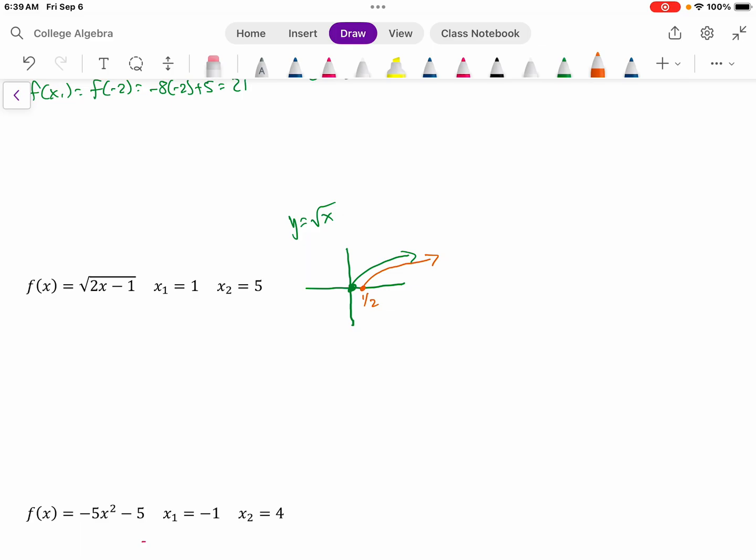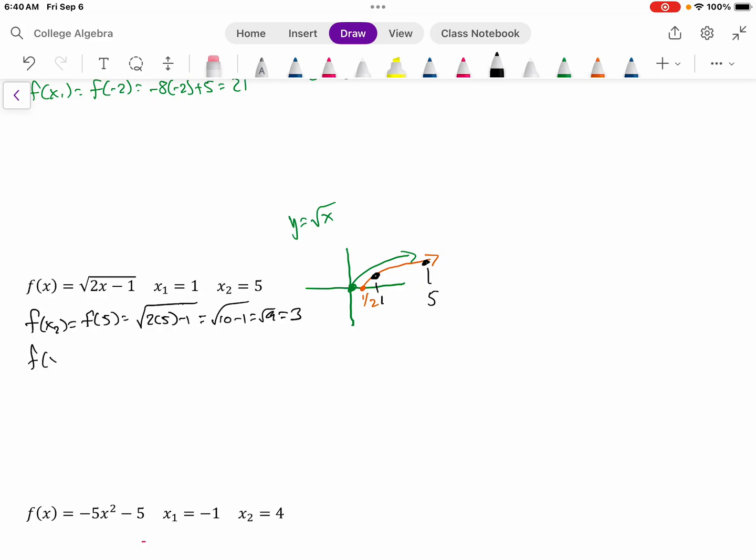We're trying to figure out, okay, what is the average rate of change between this point where x is 1 and this point where x is equal to 5. So, same process. F of x2 would be f of 5. So that would be the square root of 2 times 5 minus 1, which is the square root of 10 minus 1, square root of 9, which is 3.